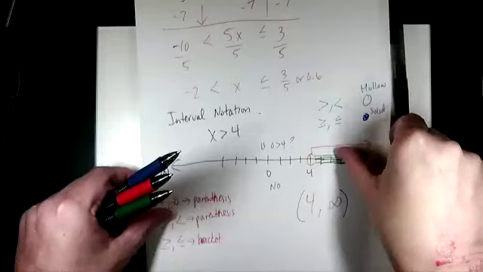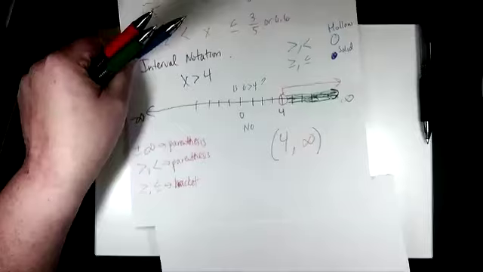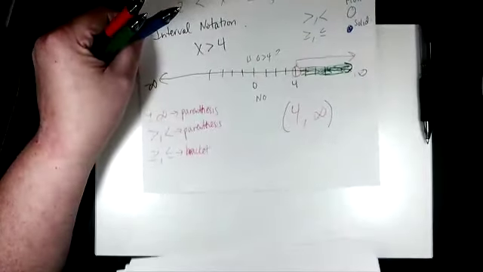Now if we look at negative 2 less than x less than or equal to 3/5, all those rules still apply. We'll graph it real quick.